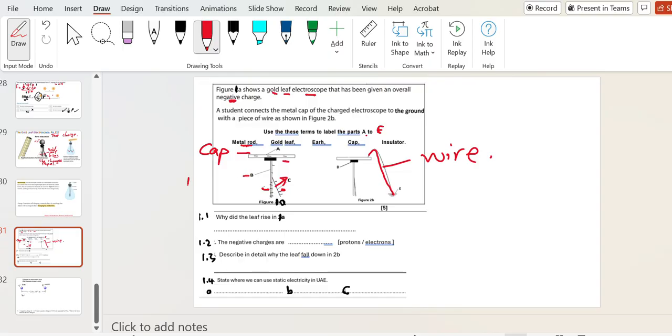B is the metal rod, the wire. C, this one is the gold leaf. Check the spellings. Gold leaf. D is the insulator. And E is the earth. Check the spelling here. Earth.